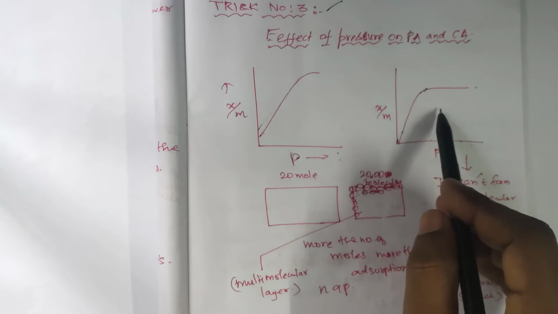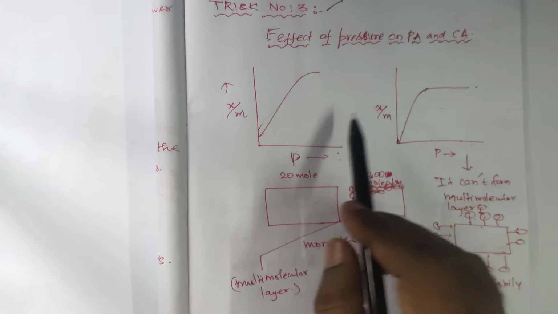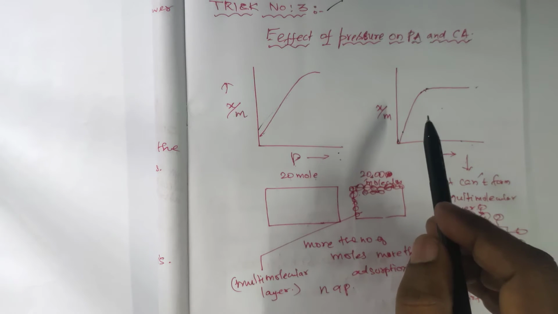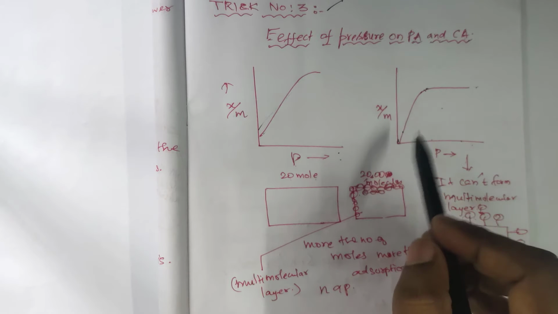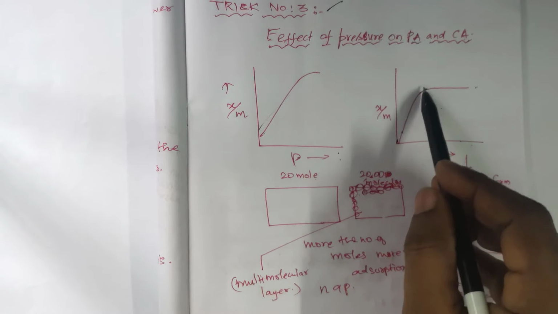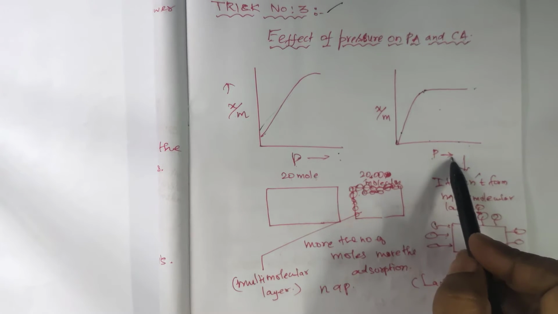This is a very important point, a very important trick to solve NEET examinations. So please remember, children, for chemical adsorption, the adsorption increases first and then becomes constant with increasing pressure.